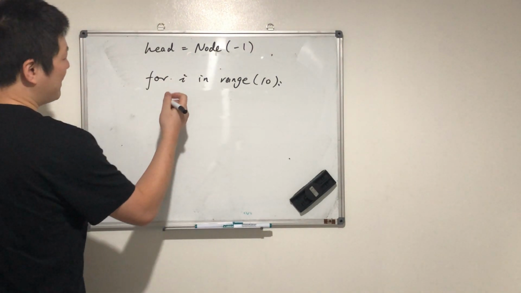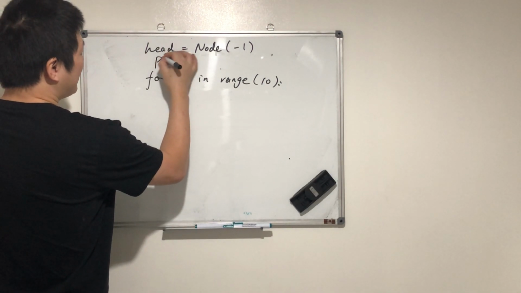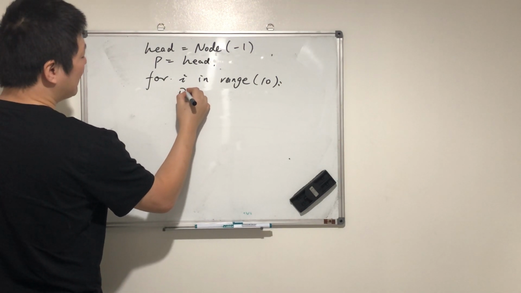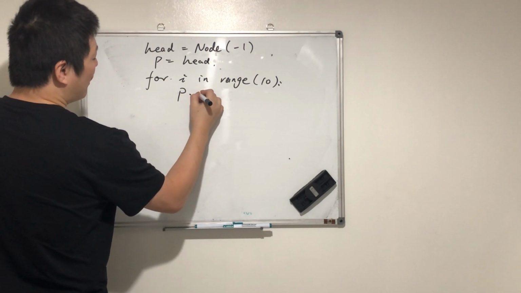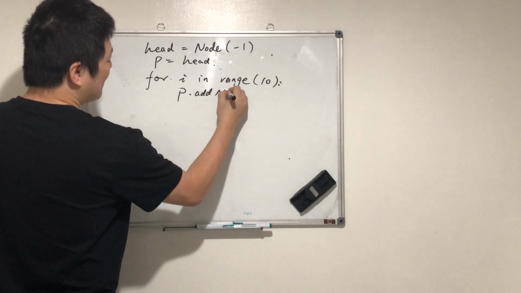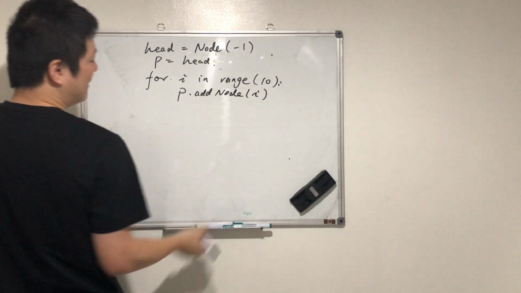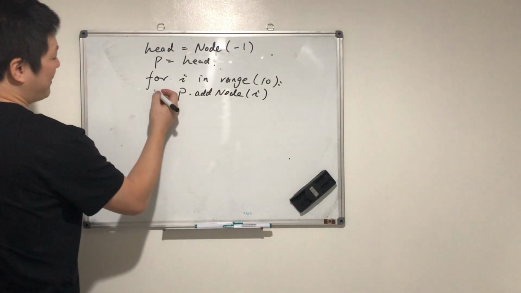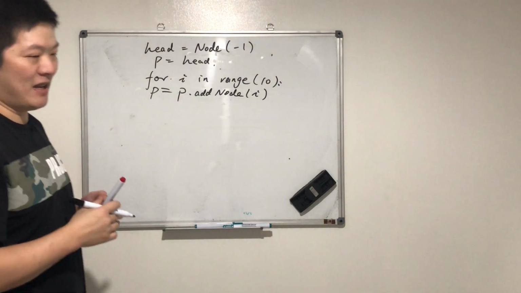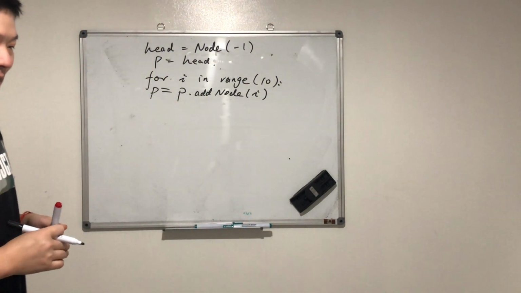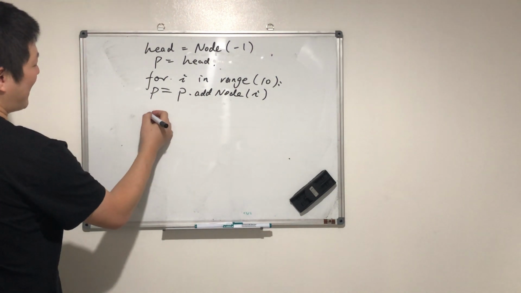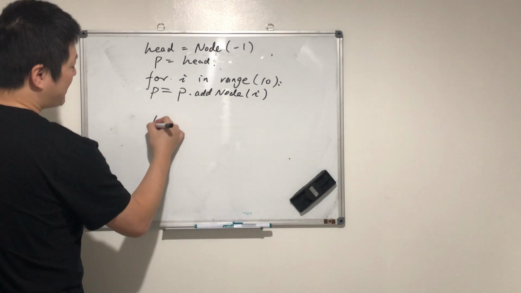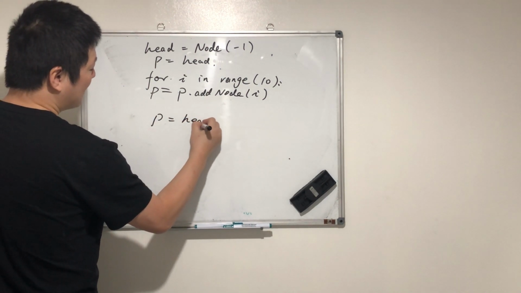Then P equals head. Then P.add_next(i), remember? This will return the next node. And then P equals P.add_next(i). Now after this, I can say P equals head.